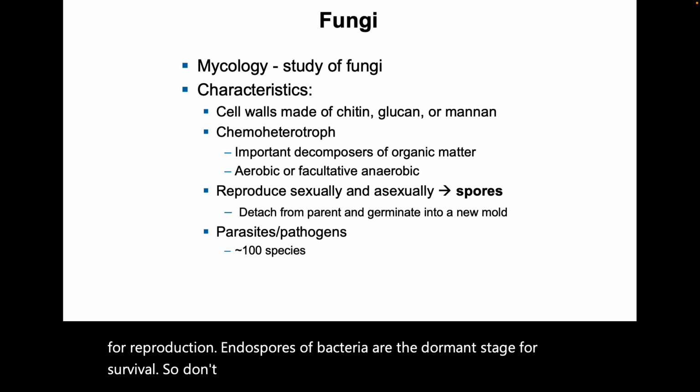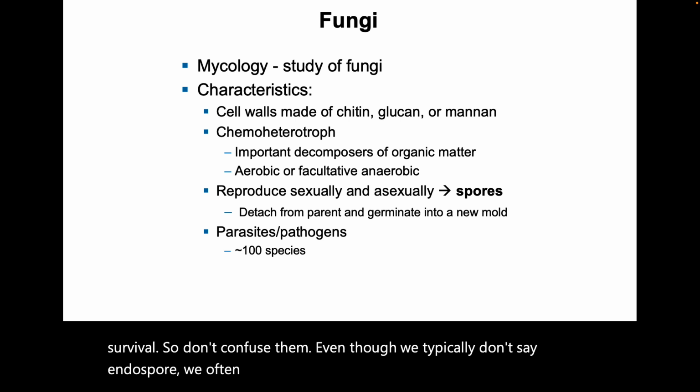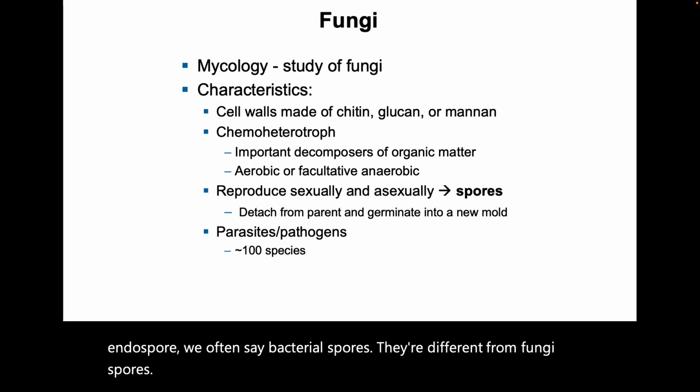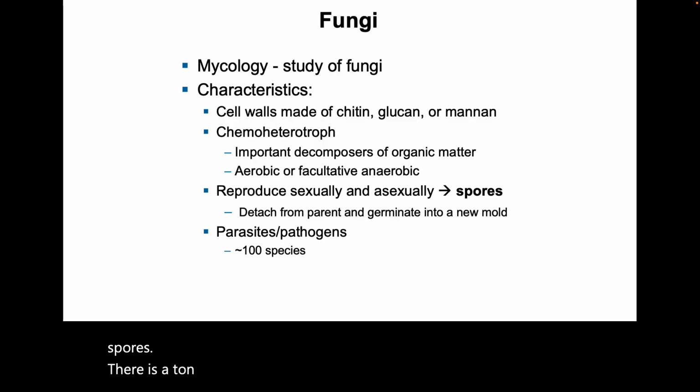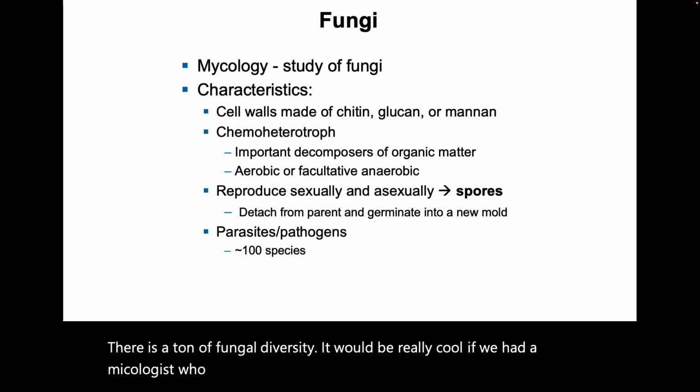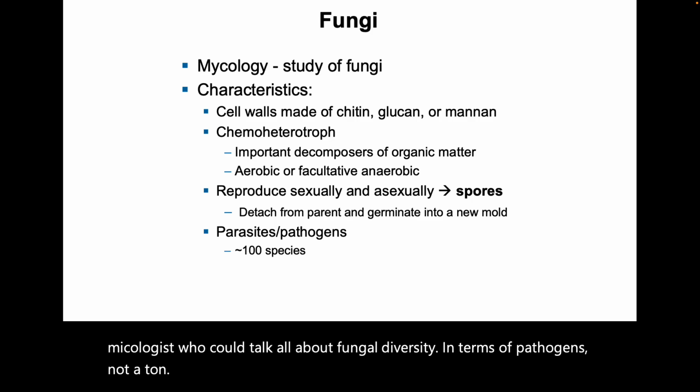Even though we typically don't say endospore, we often say bacterial spores. They're different from fungal spores. There is a ton of fungal diversity. It would be really cool if we had a mycologist who could talk all about fungal diversity. In terms of pathogens, not a ton. Approximately 100 species or so.